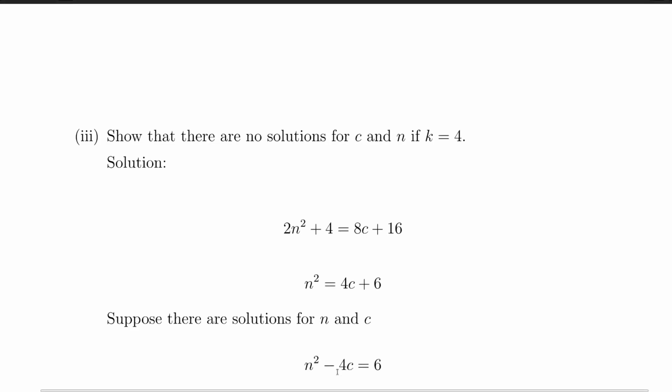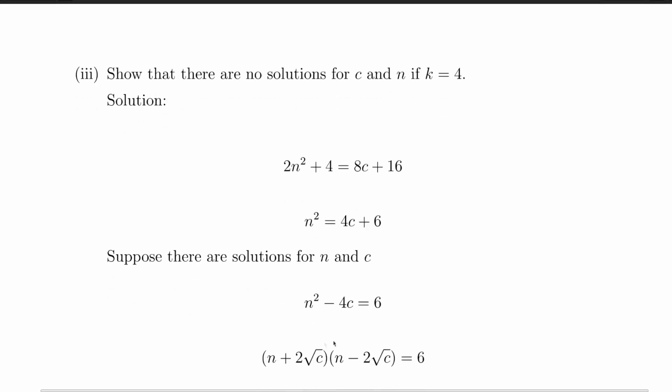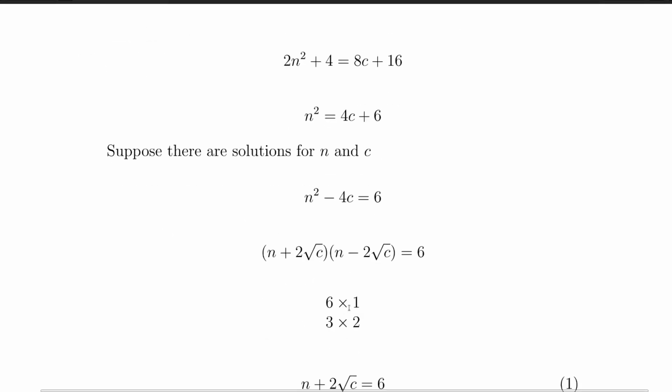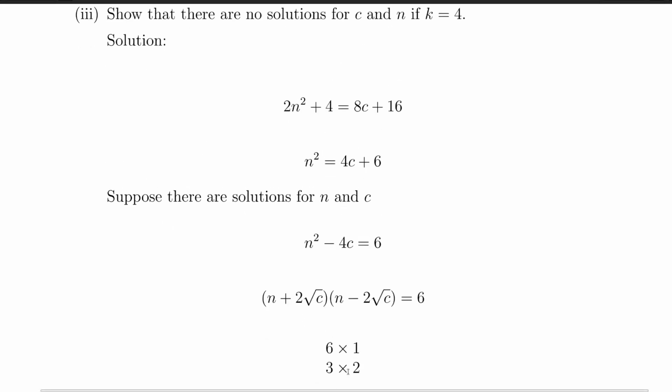I minus by 4c, and then now we have two variables that equal an integer. So we can factorize this using the difference of two squares, and then just consider the factors of 6. So we have either 6 times 1 or 3 times 2, remembering that n and c are both positive integers.